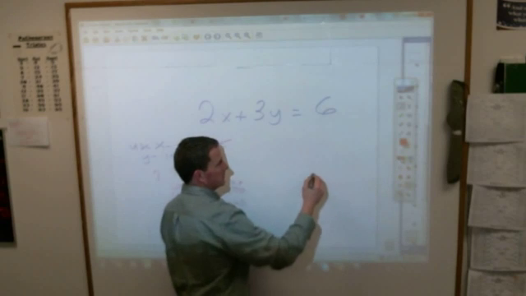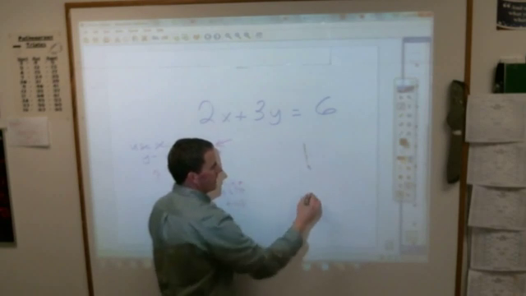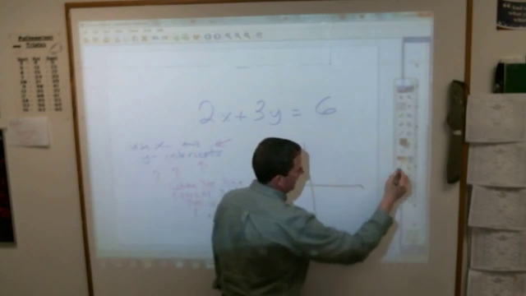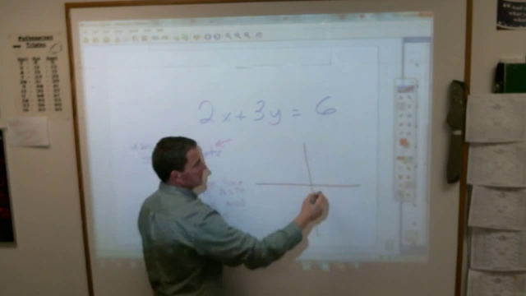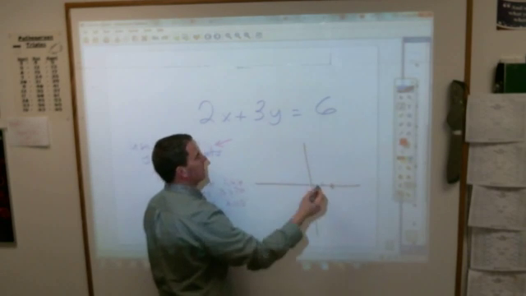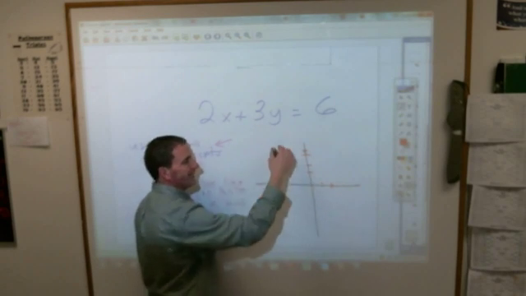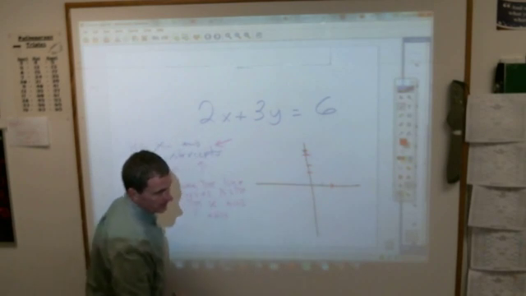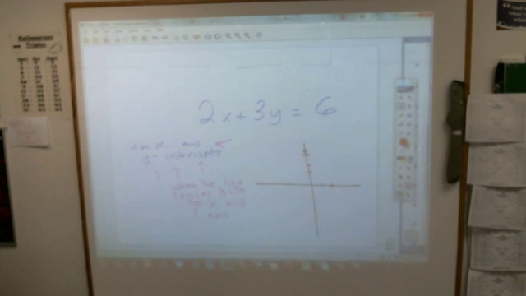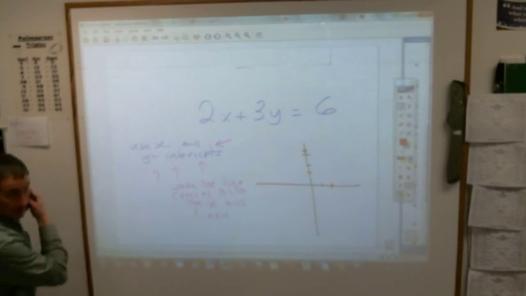In other words, I am looking, when I have my graph, for the place where this line is going to cross this axis and the place where it's going to cross this axis, because once I get those 2 points, I can draw my line. Now, obviously you're saying, well, how do I do that? Let me tell you.